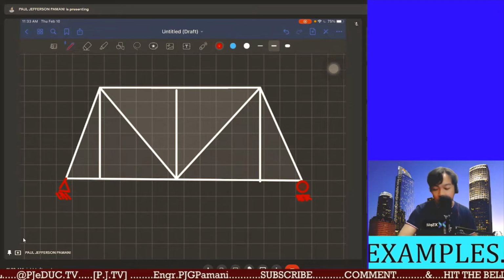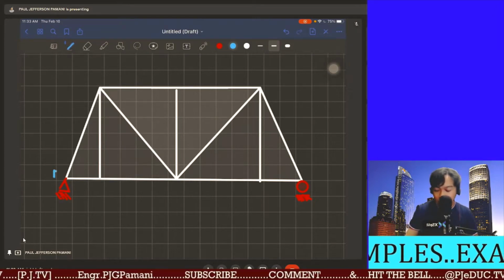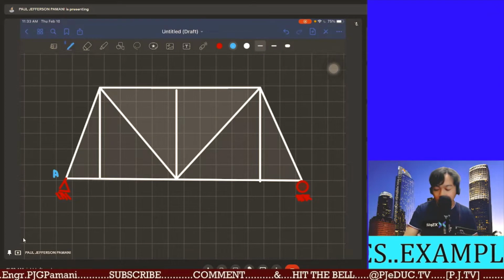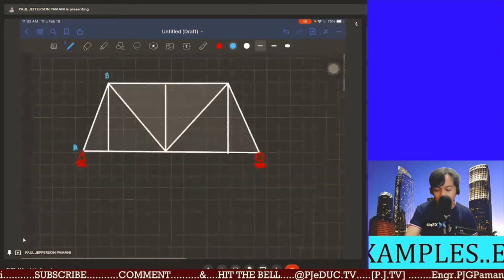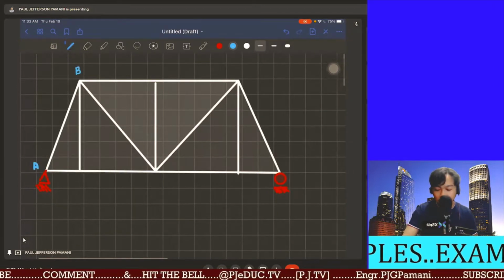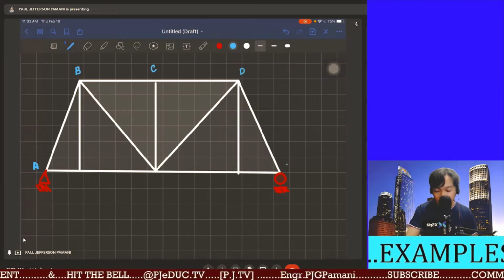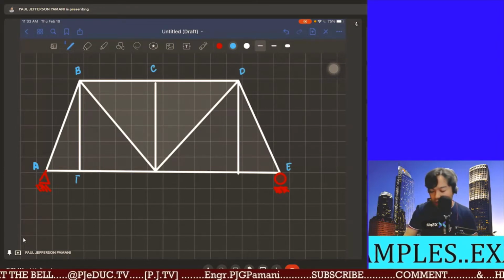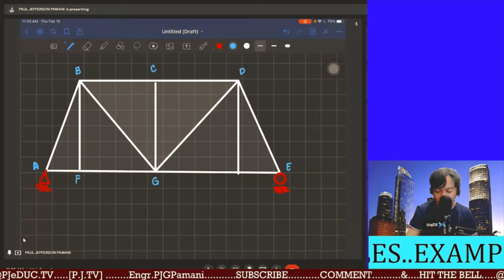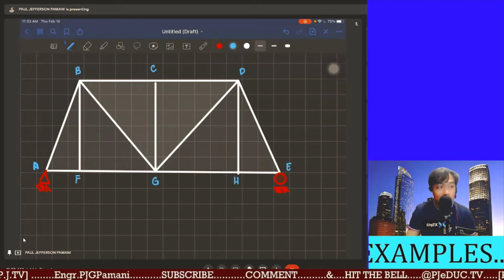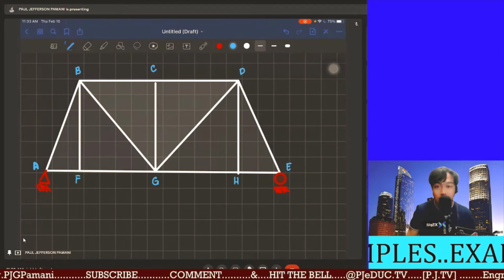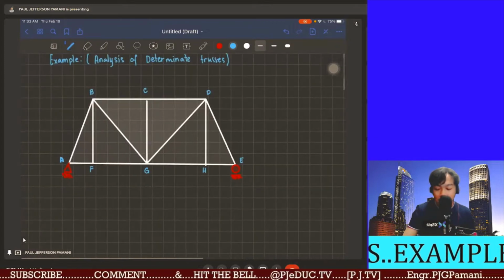Let's just say this is your joint A, B, C, D, E, F, G, and H. So those are our joints with this particular truss system.